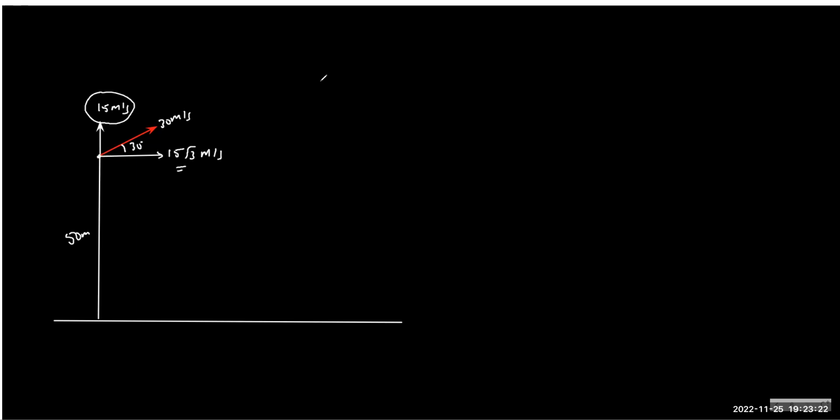Because for time of flight, what really matters is the y component, yes or no? So imagine this is simply vertical motion. We have done this problem in the vertical motion chapter, how to get the time if you throw something upward with 15 meters per second. So can you do that question?